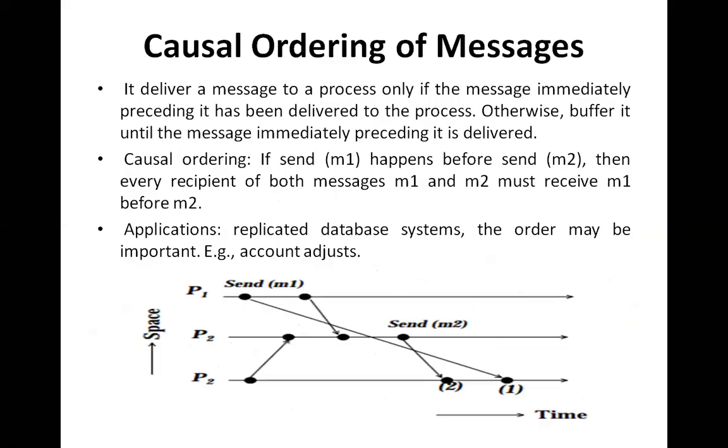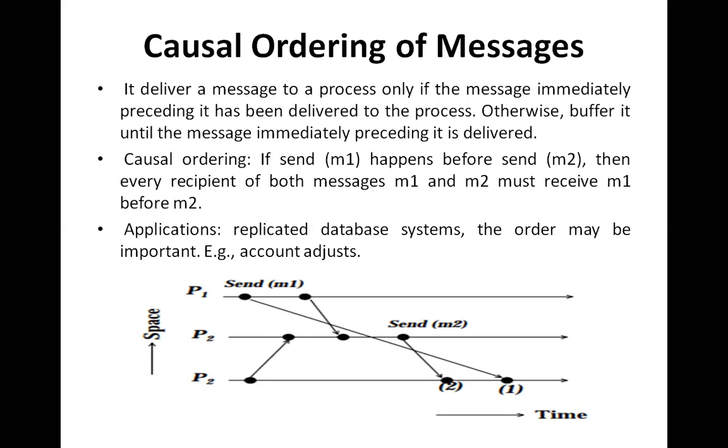So what is causal ordering of the messages? As far as the causal ordering of messages is concerned, it is going to deliver a message to a process only if the message immediately preceding it has been delivered to the process. Meaning thereby, suppose there is a process P1 and it has sent one message to two processes.